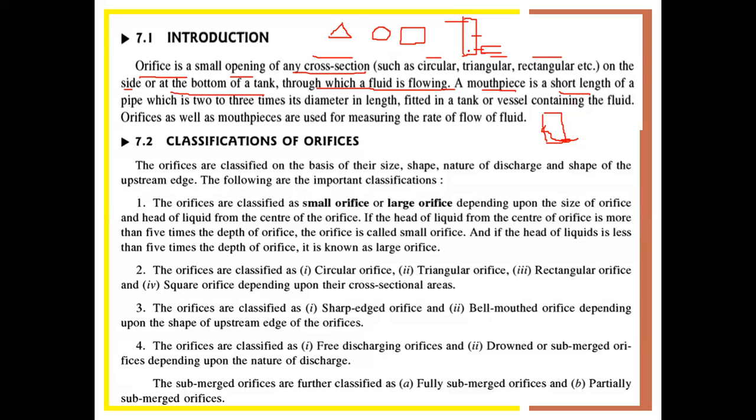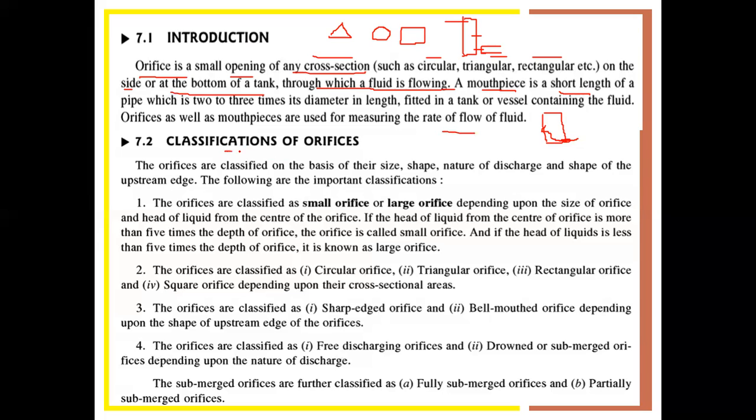Orifices and mouthpieces are used for measuring the rate of flow of fluid. For example, if you take your water Syntex tank, you have a small diameter opening. If you fix a mouthpiece in that opening, then this orifice as well as the mouthpiece act as a measuring part for the flow of a fluid.